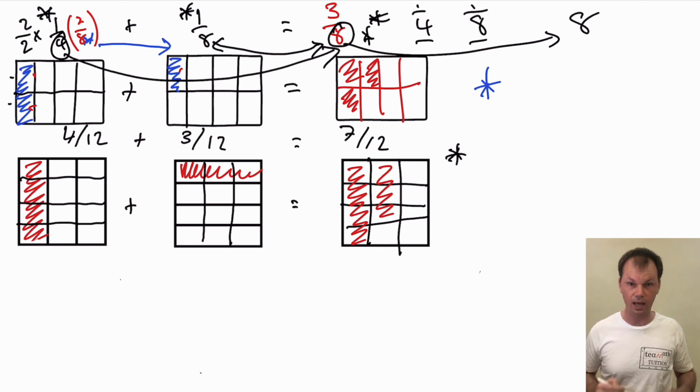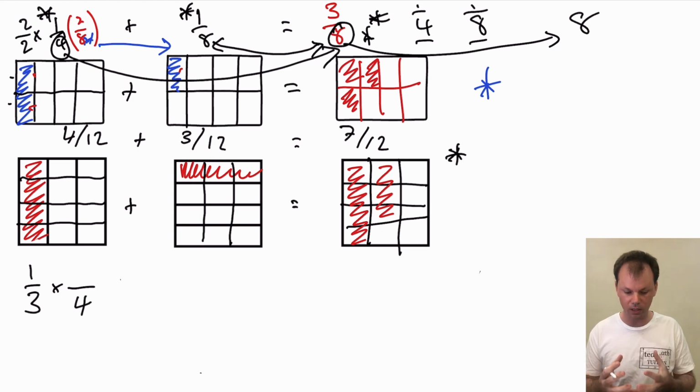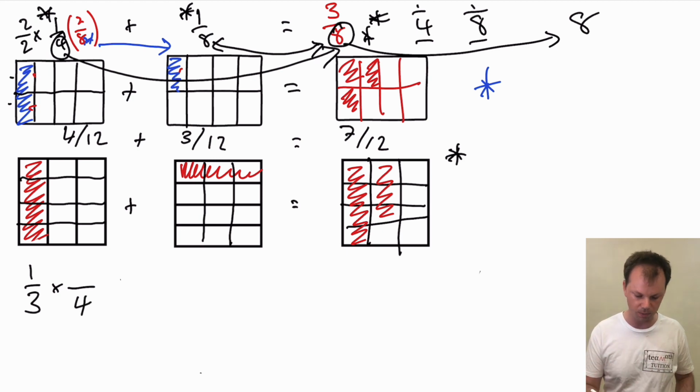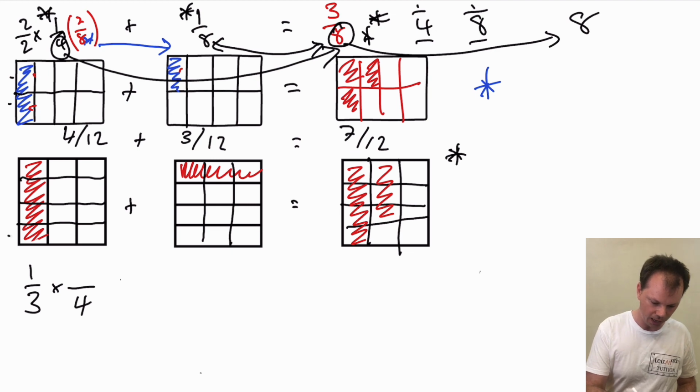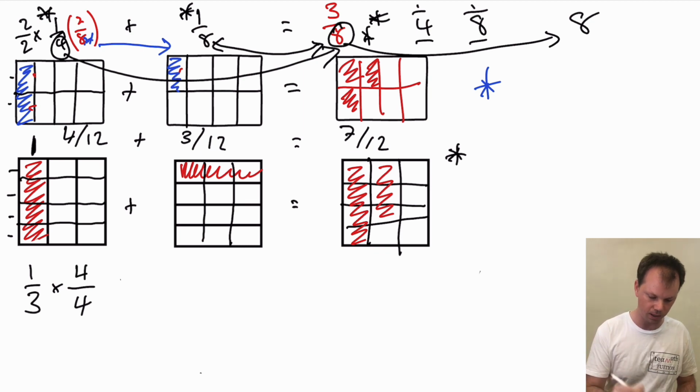So what we're looking at numerically is we have 1/3 here. We cut it into 4 parts. So we've got our total number of parts and we've multiplied it by 4. We've got our 1/3 and our selected parts are also multiplied by 4. In the next one, we had 1/4.